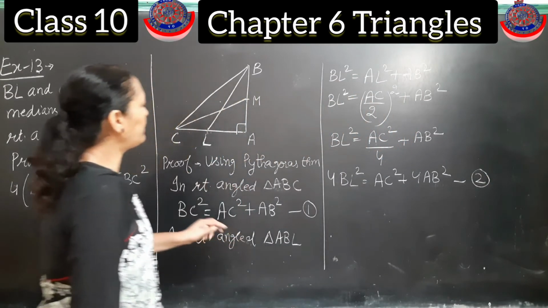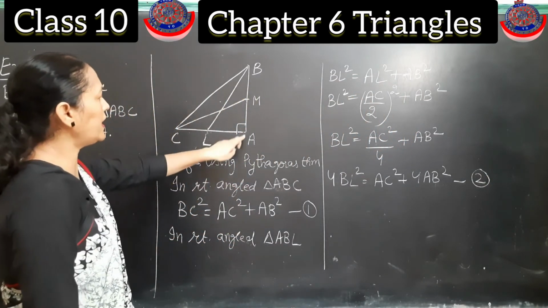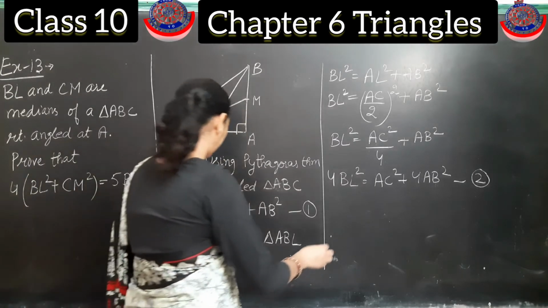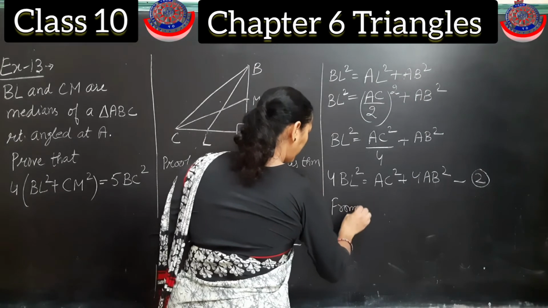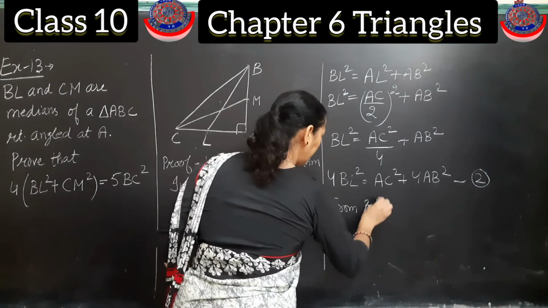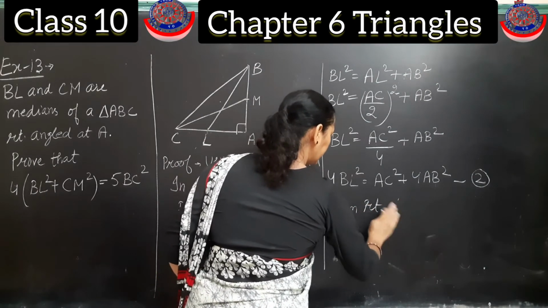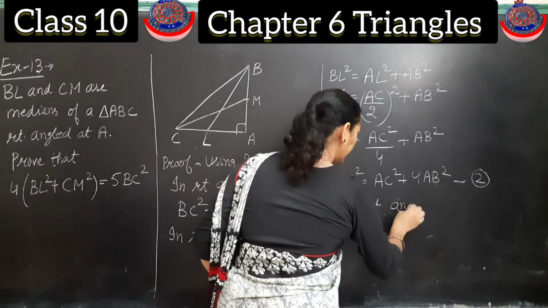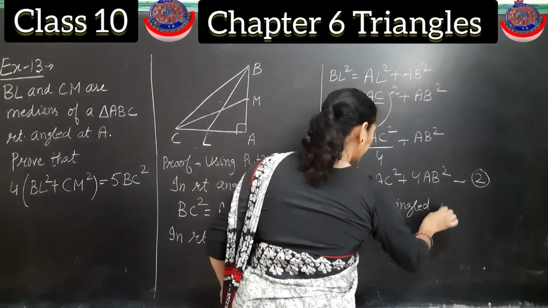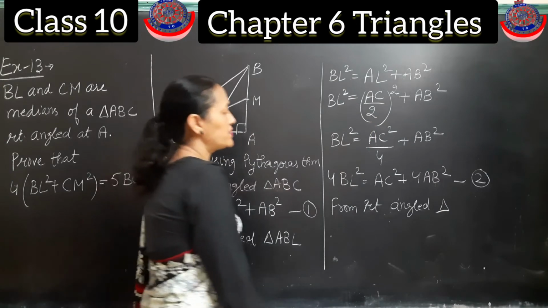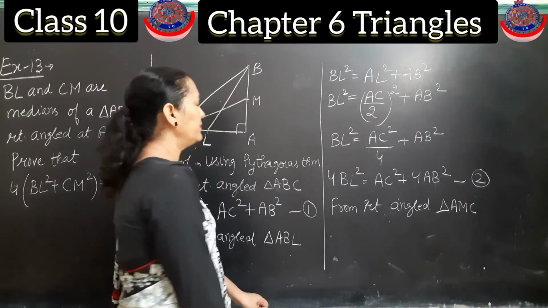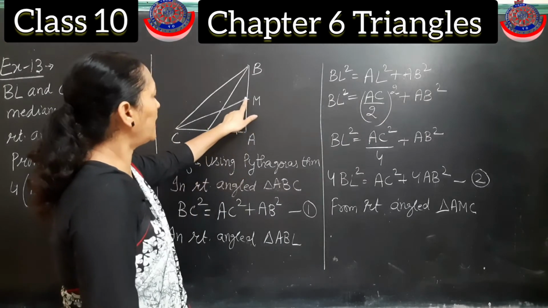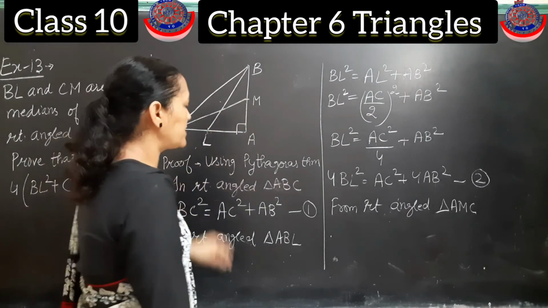Now we will apply Pythagoras theorem in triangle AMC. From right angle triangle AMC, again using Pythagoras theorem, here the hypotenuse is MC.